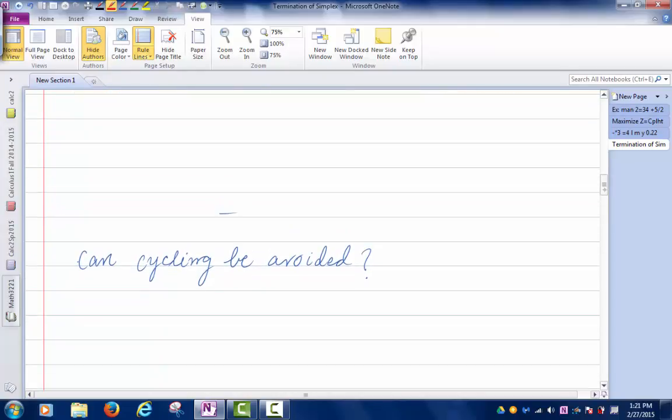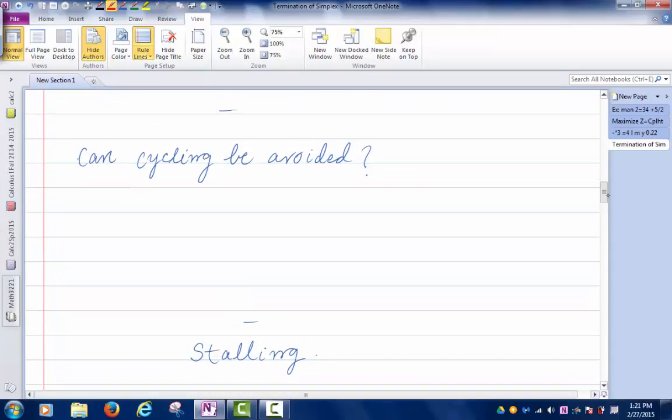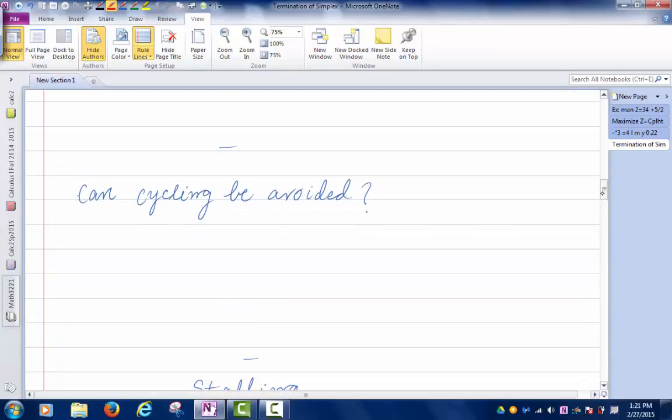Question is, can you avoid cycling by doing something? Can cycling be avoided? And the answer is yes, cycling can be avoided. How can you avoid it?